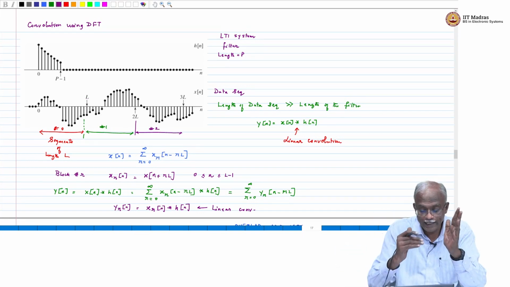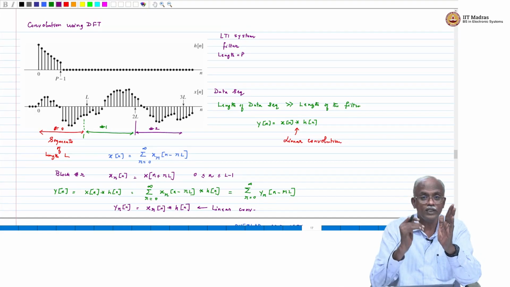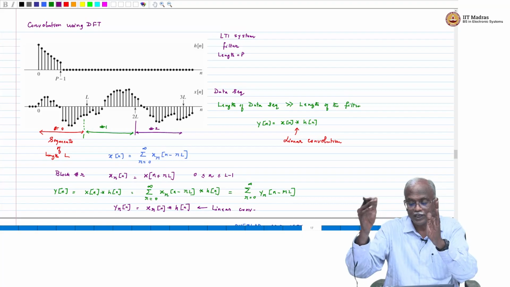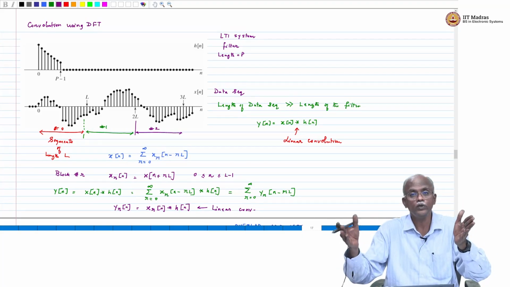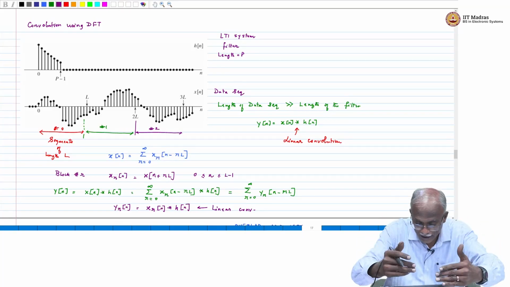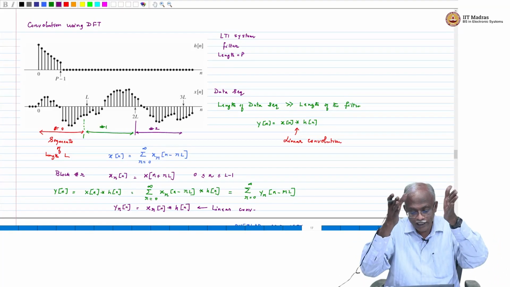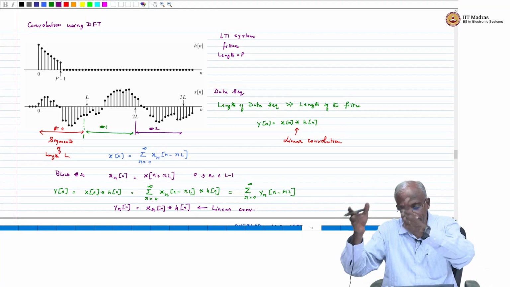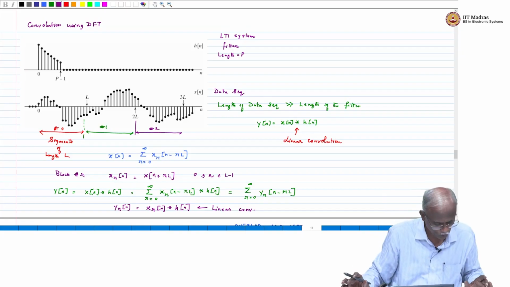Now, the linear convolution of this L-point sequence with a P-point sequence should be L plus P minus 1. So we know exactly how many zeros should be added to the sequence h of n. We know how many zeros must be added to each of these segments of the input data, x subscript 0 of n, x subscript 1 of n, and so forth.